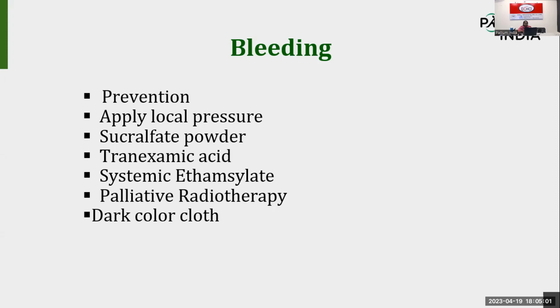If they use white colored clothes for wiping out the blood, the patient will panic, and the caregivers and other relatives will panic and become anxious, and there will be a lot of noise. These things we can avoid if they use dark colored clothes.